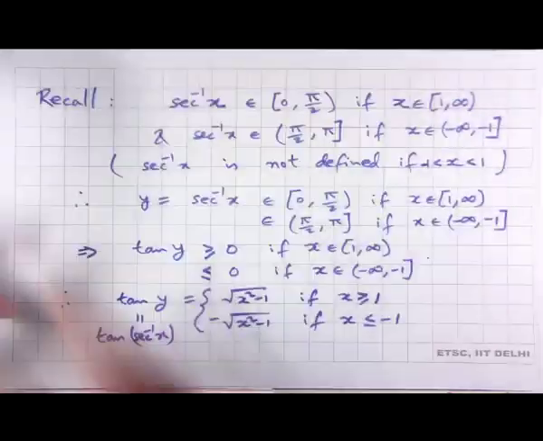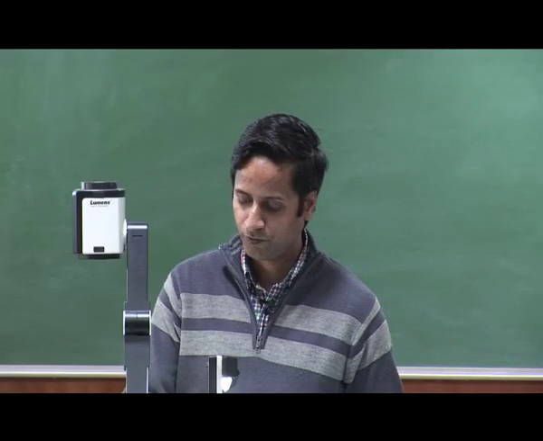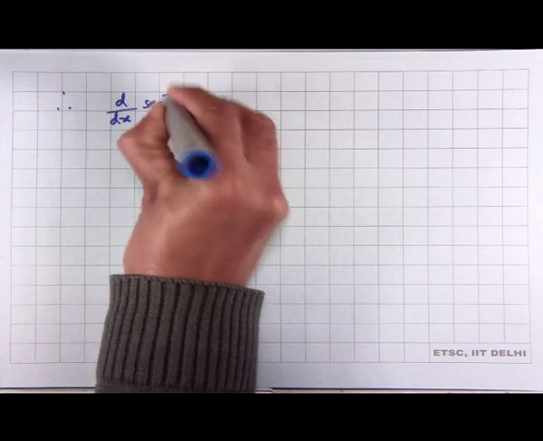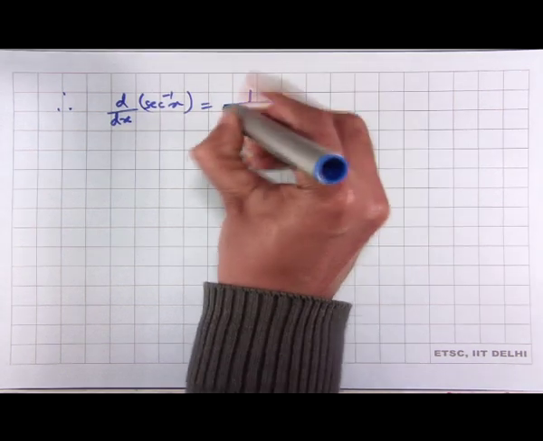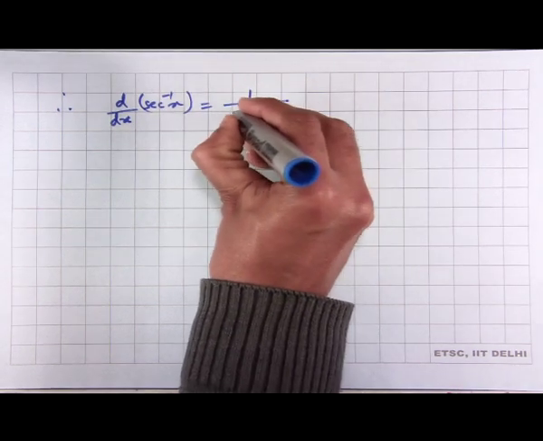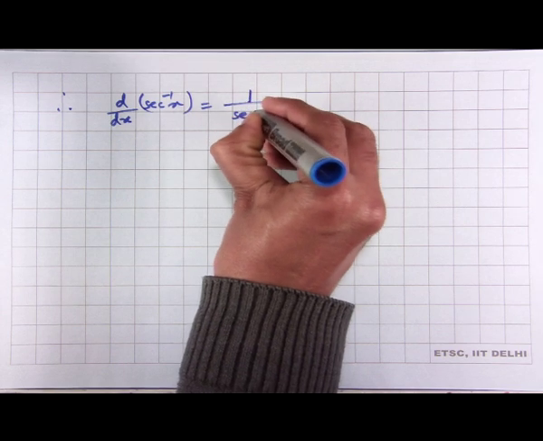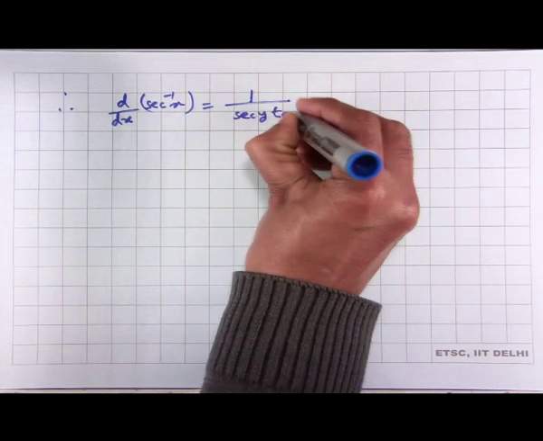So, therefore, d by dx of secant inverse x is equal to 1 by secant y times tan y, where secant y is equal to x.